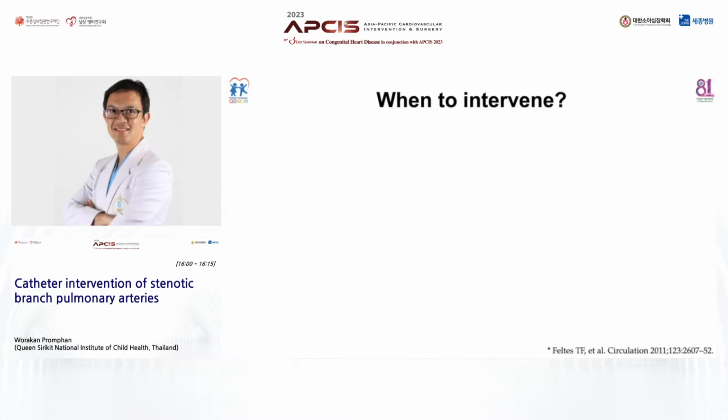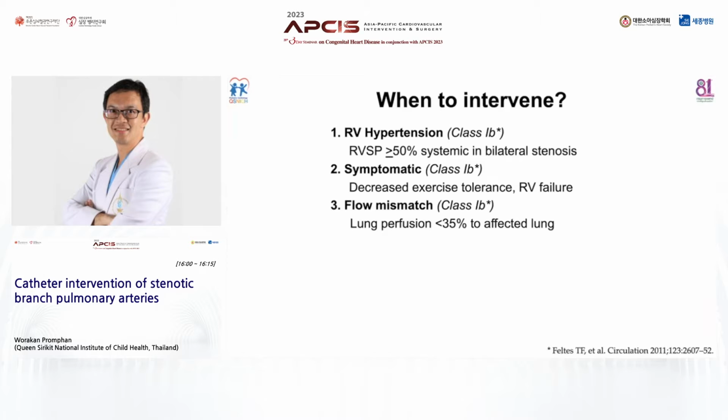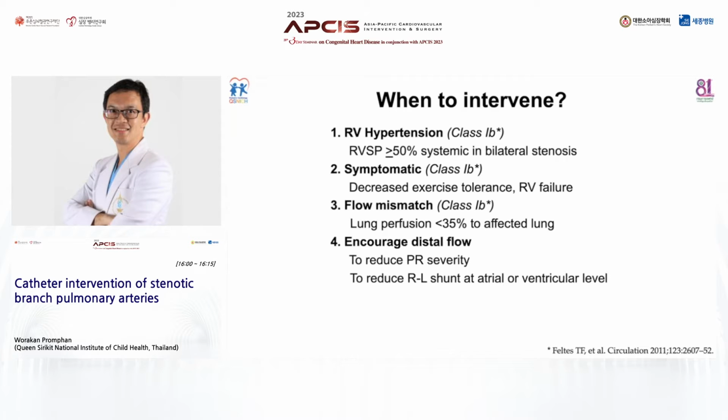When to intervene? I would say if the patient has RV hypertension, or symptoms, or flow mismatch. Flow mismatch means lung perfusion of less than 35% to the affected lung, and that is an indication. This was published almost 12 years ago and is still class 1B in the AHA recommendations.